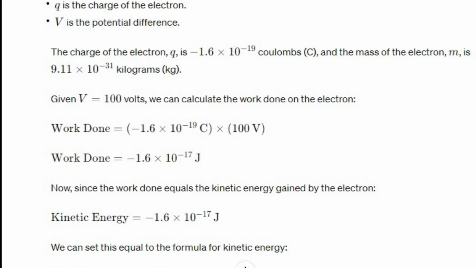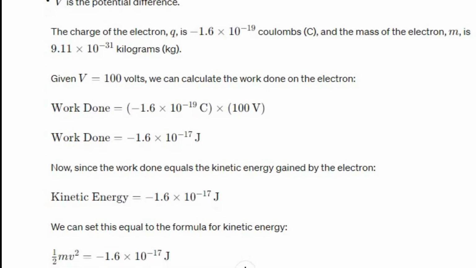Work done equals minus 1.6 multiplied by 10 raised to power minus 19 coulombs multiplied by 100 volts, which equals minus 1.6 multiplied by 10 raised to power minus 17 joules. Now, since the work done equals the kinetic energy gained by the electron, kinetic energy equals minus 1.6 multiplied by 10 raised to power minus 17 joules.